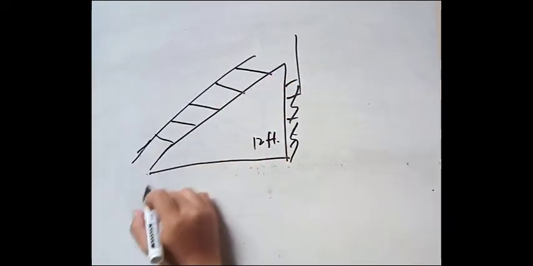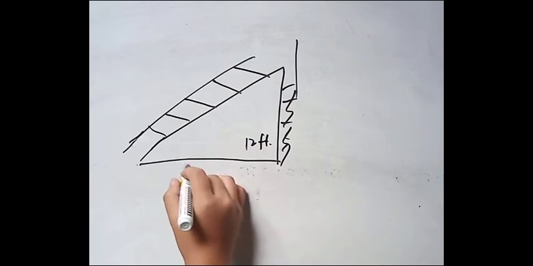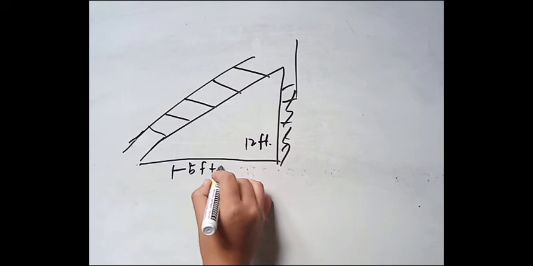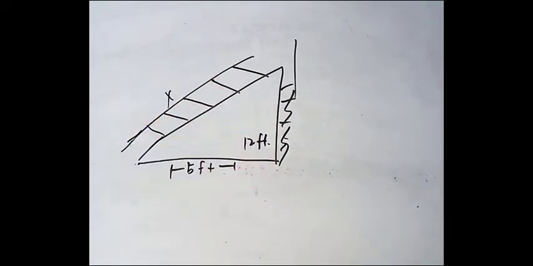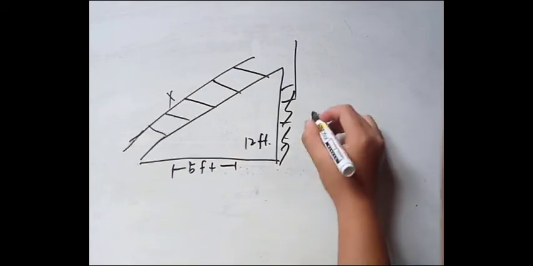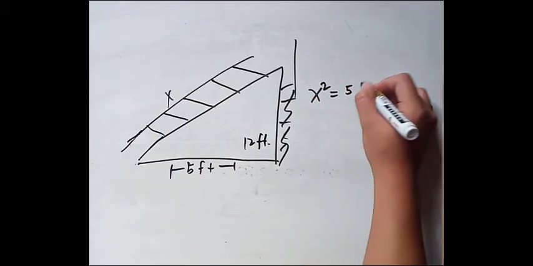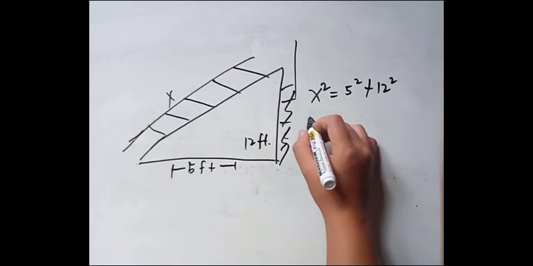So again, what is missing here is the hypotenuse. This is 5 feet, and this is missing. So using the Pythagorean theorem, x squared is equal to 5 square plus 12 square.